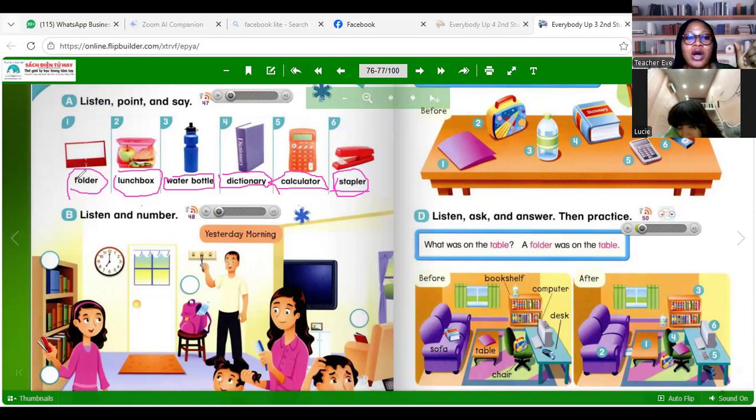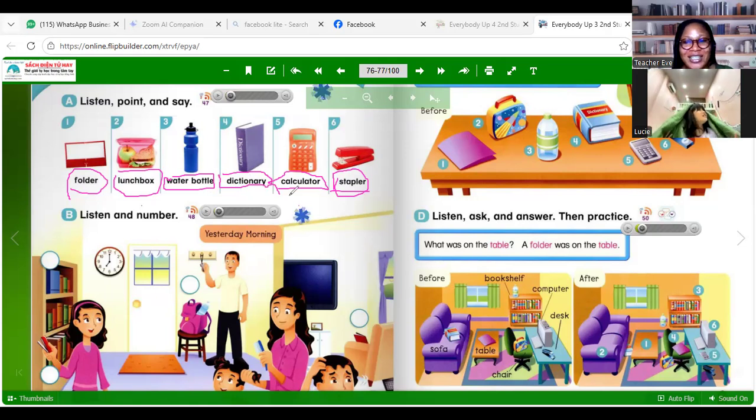Okay, one more time again. I'm going to pronounce the word one after the other, then you do so. Folder, lunchbox, water bottle. Don't be shy. Dictionary. You're getting there. Again, dictionary. Again.